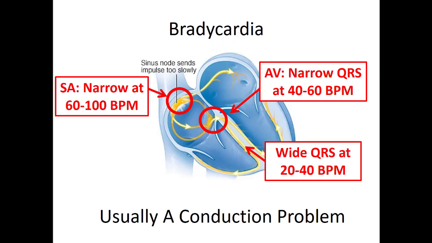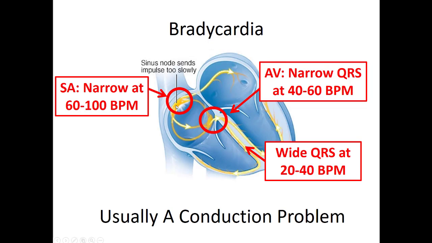Now, when we look at cardiac conduction, each of the three big areas of the heart has an intrinsic rate: the sinoatrial node up here in the atrium, the AV node right between the atria and the ventricles, and then the ventricular bundles. A good rule of thumb is you can tell that an impulse is coming from the sinoatrial node if it's coming at a rate between 60 and 100 beats per minute.